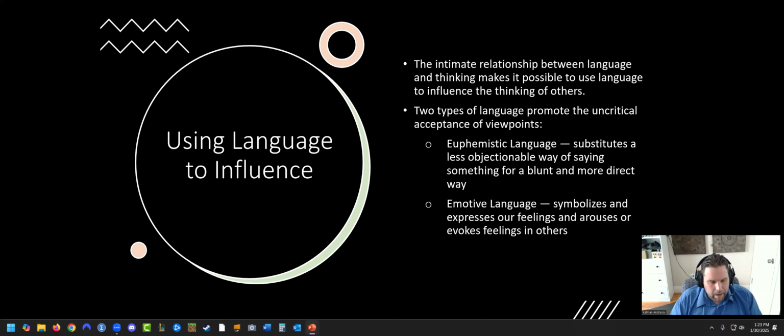Somebody doesn't die, they pass away, is another example of euphemistic language that, again, tries, in many ways, I think in those circumstances, to limit the emotional response behind the words, and try to convey the meaning in a more, perhaps we can say, clinical manner, if that makes sense.